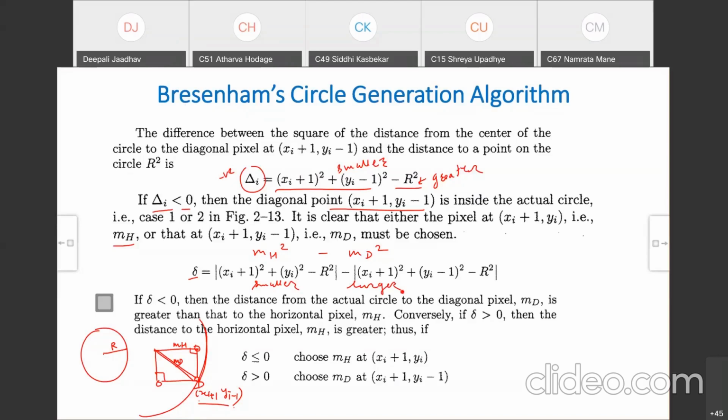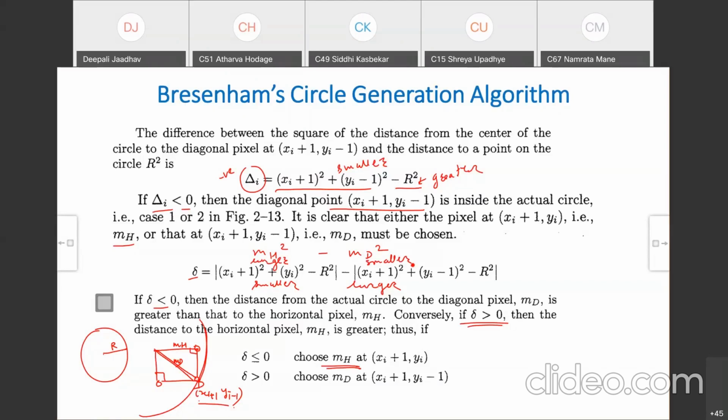Then in this case, which is closer? Horizontal is closer. Why? Because its distance is smaller. In that case, if it is negative, choose horizontal. Among these two, which one to choose? If it is closer, choose this one. If delta is greater than 0, then this is larger and this is smaller.